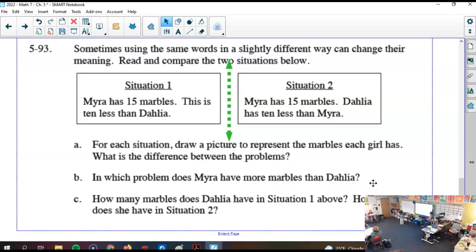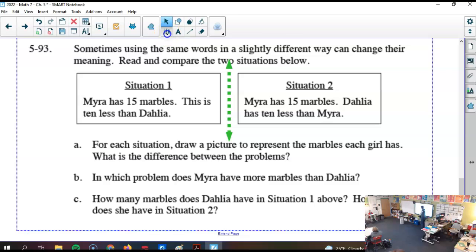So, Chloe, what are you thinking first with the comparison of the situations? How are they different? Okay, so in situation one, the person with the M name, Myra. I'm trying to figure out, Chloe's sister has 15 marbles, and that's 10 less than that.